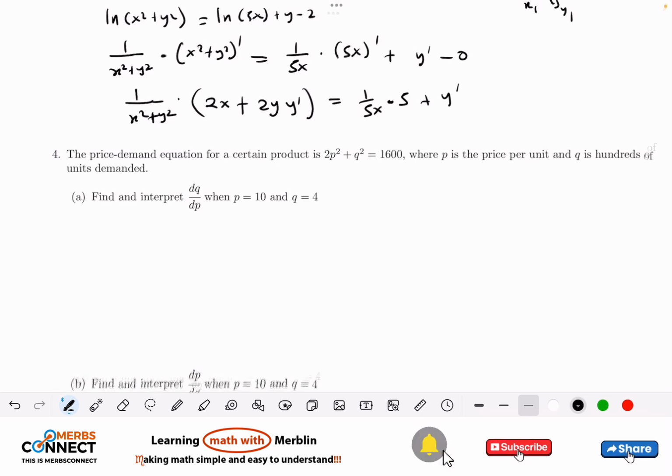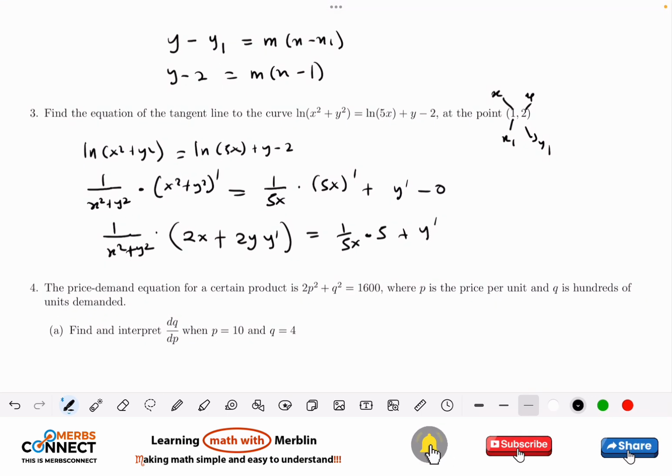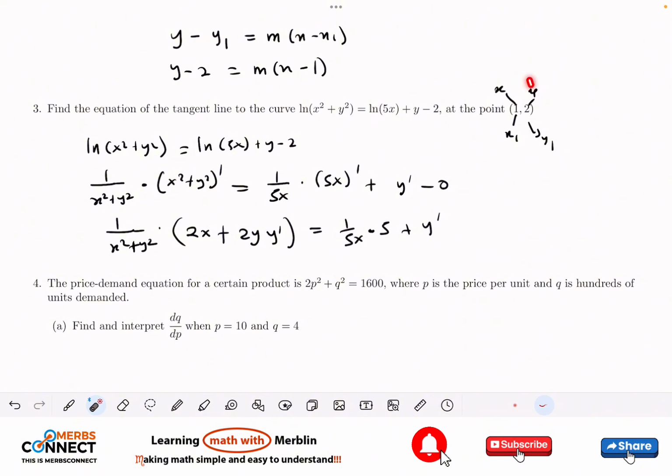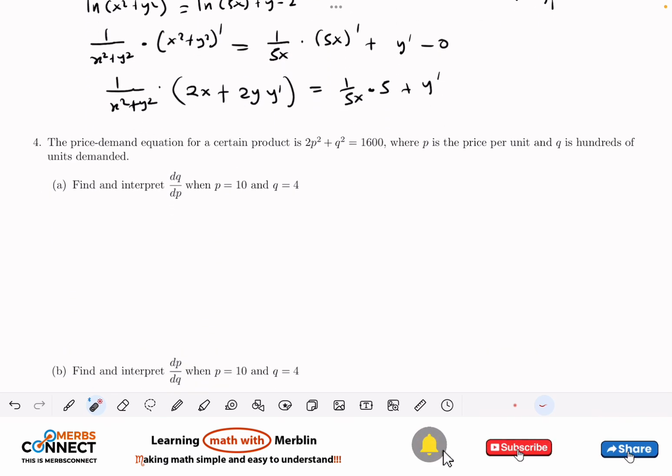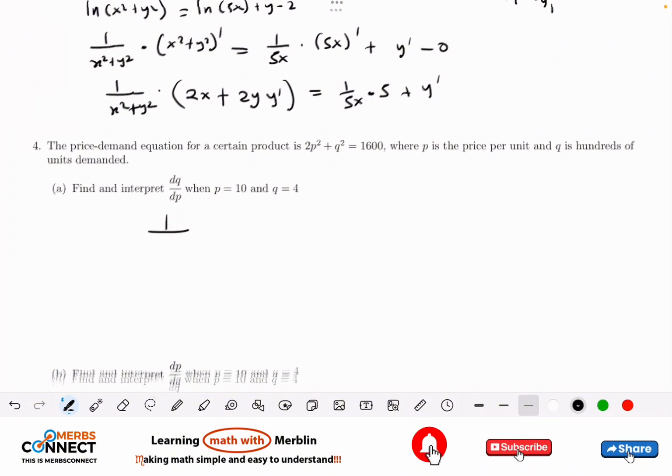Now, what I need to do is, anytime I have the point given to me, I don't want to worry myself doing a lot of expansion. So I'll just plug in x is equal to 1, y is equal to 2 inside this equation, so that it will be very simple for me to find y prime.